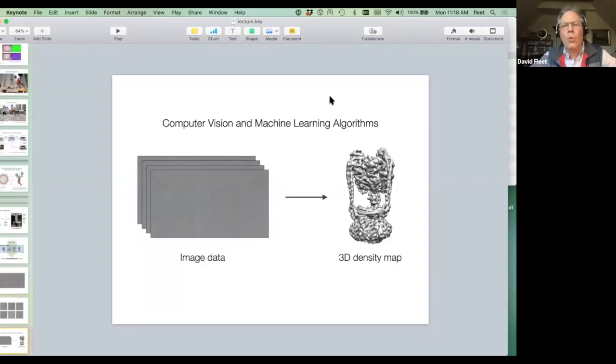Well, so what people have done is there are proteins that have been solved with X-ray crystallography. Those provide benchmark tests, in other words, that provides ground truth.